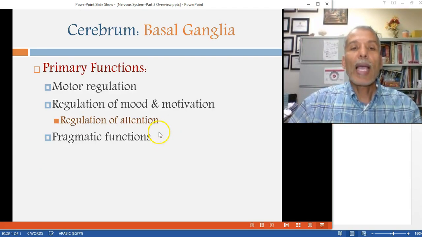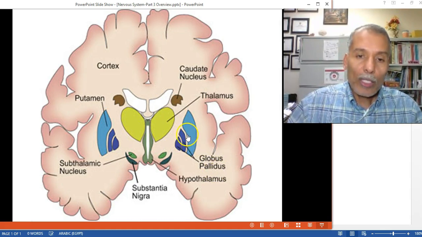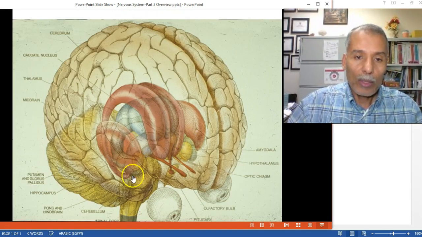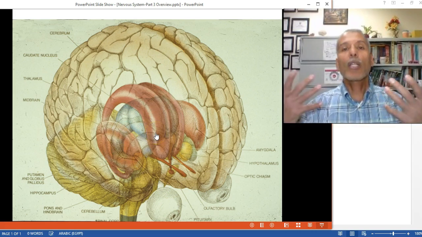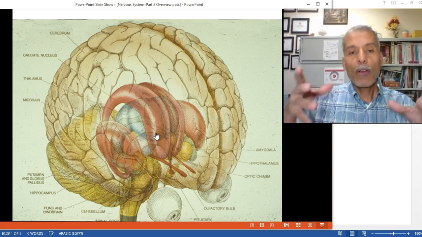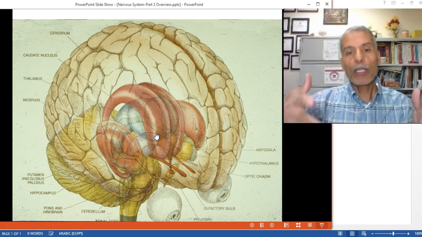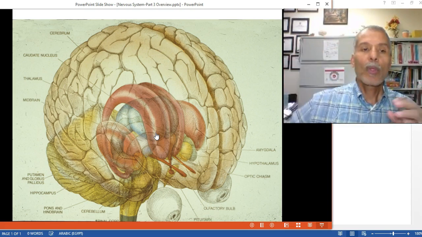So the basal ganglia are clusters of cell bodies, as you could see here, that are specialized in a common function. They are found deeper in the brain, and there are 5 pieces of them.